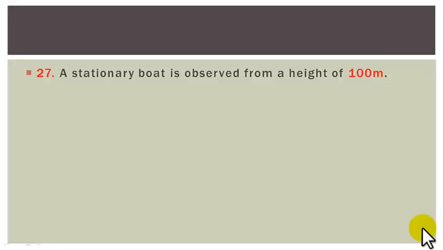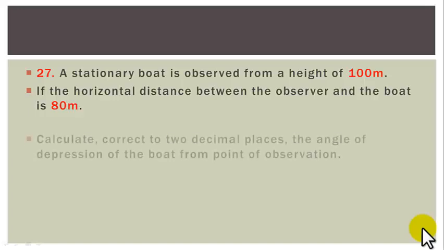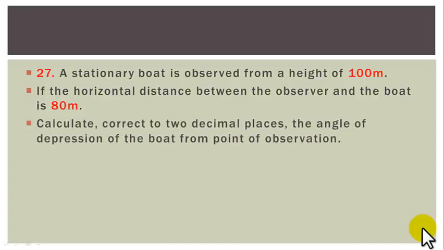Number 27. A stationary boat is observed from a height of 100 meters. If the horizontal distance between the observer and the boat is 80 meters, calculate, correct to 2 decimal places, the angle of depression of the boat from the point of observation.